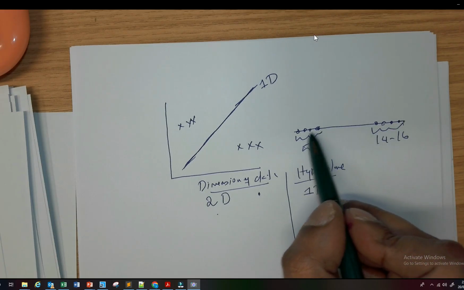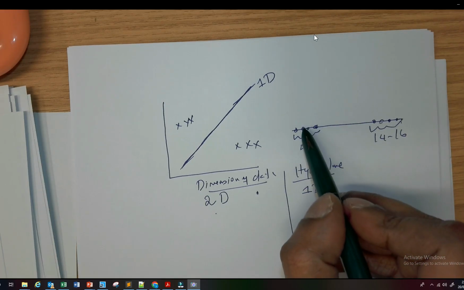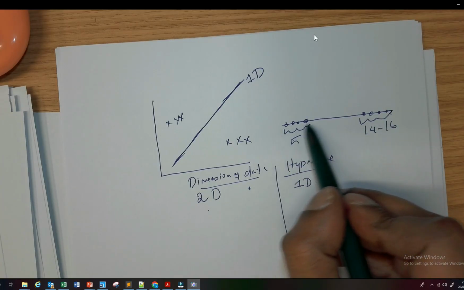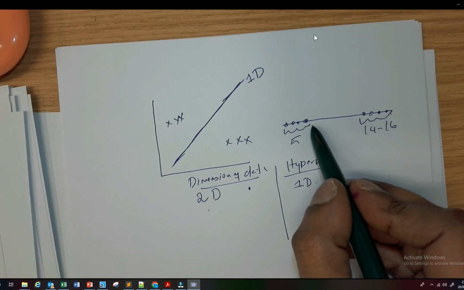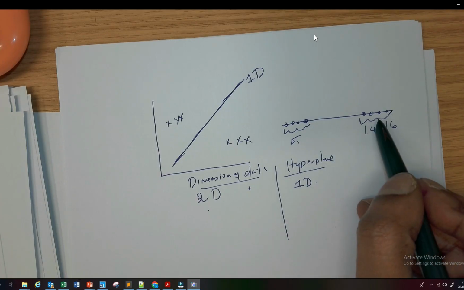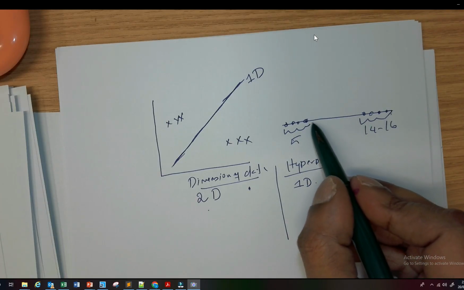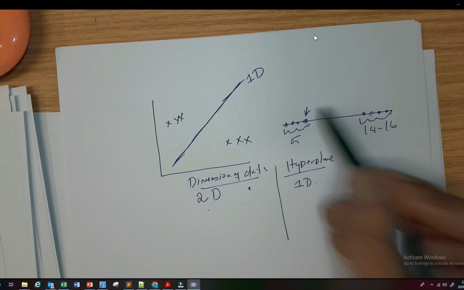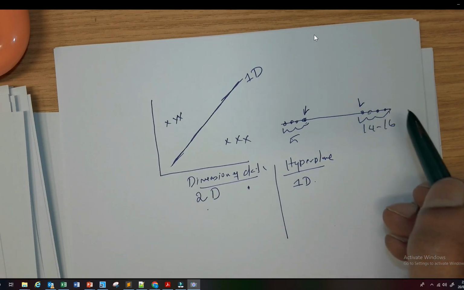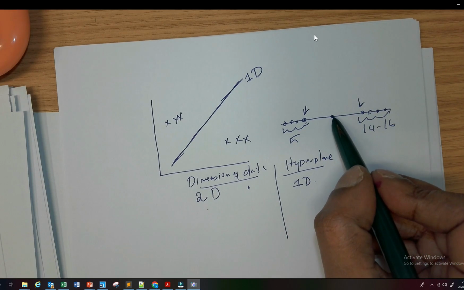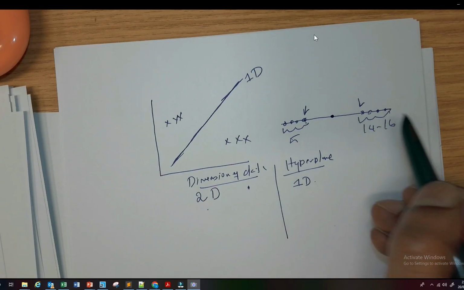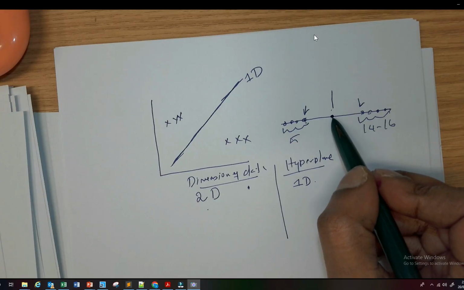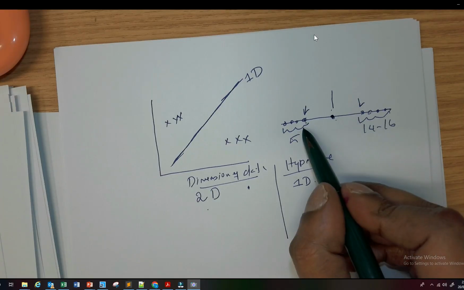So clearly you have some data points, isn't it? This is just one-dimensional data. All we are trying to do is plot everything in one dimension, and you can see a clear separation between these two. If you want to draw a hyperplane, you take the maximum in category 1 and the minimum in category 2, and exactly the midpoint of these two points becomes the hyperplane. So this particular point separates category 1 from category 2.